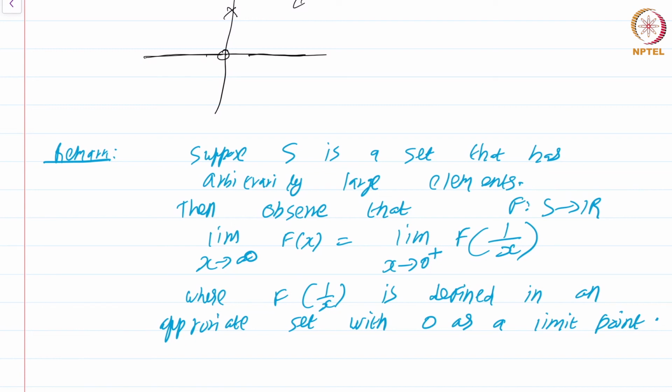And for this limit x going to 0 plus f of 1 by x, you need to know where this function f of 1 by x is defined. That will be an appropriate set. I'm going to leave the details to you. So the definition of infinite limits is actually subsumed by the definition of one-sided limit. One-sided limits sort of take care of infinite limits also. We needn't have defined infinite limits separately.